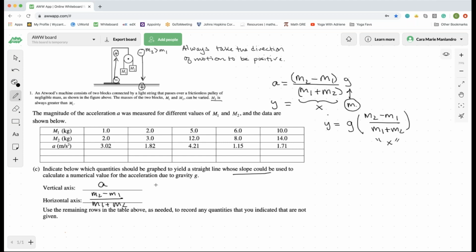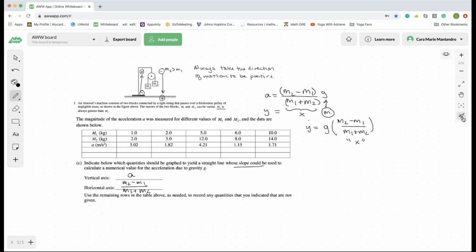It's also okay if you reverse those because you would still get a straight line. The slope would just have been negative. Does that make sense? Everybody good? No questions.